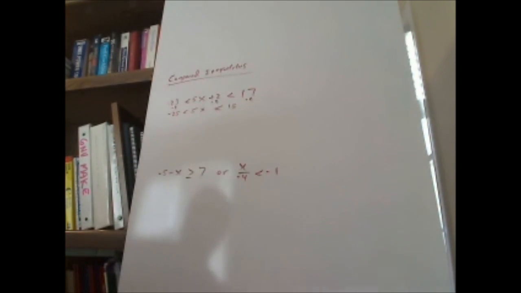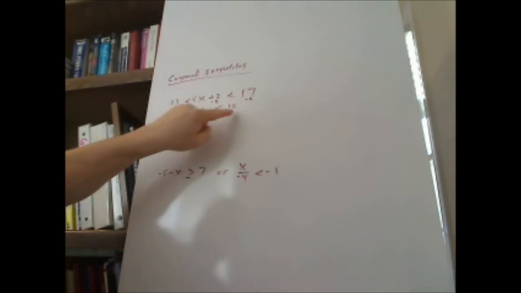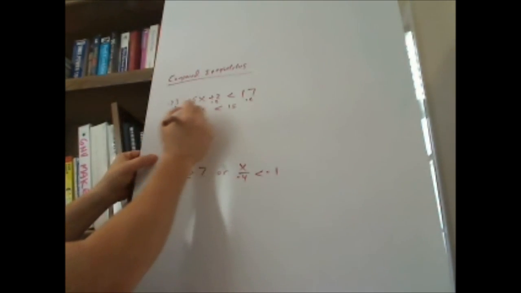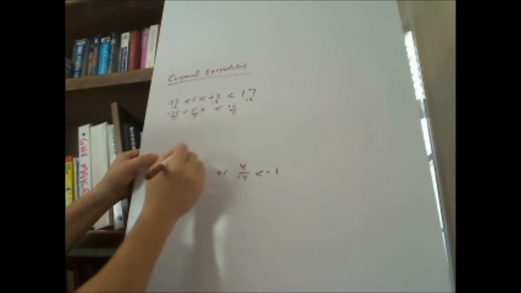All right, next we want to solve for x. Well, in order to solve for x here, we have to divide this and this by 5, and this by 5. So divide by 5, divide by 5, divide by 5.